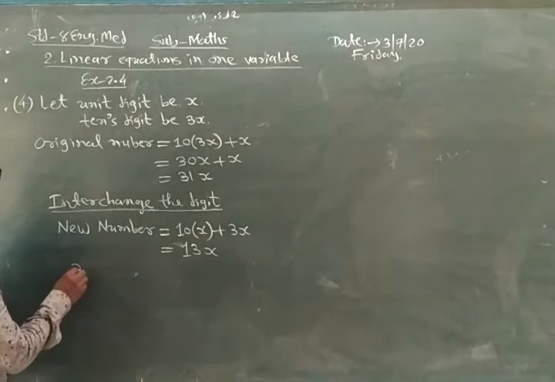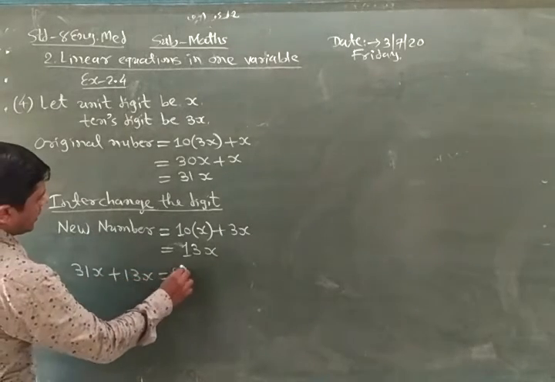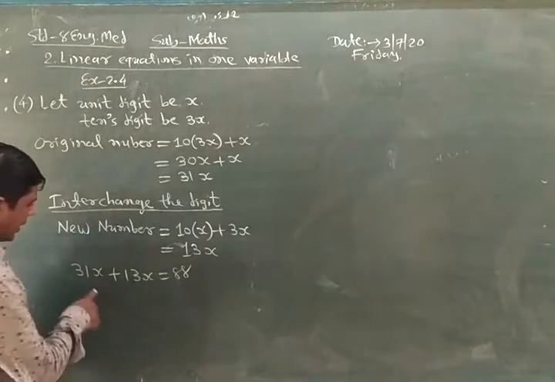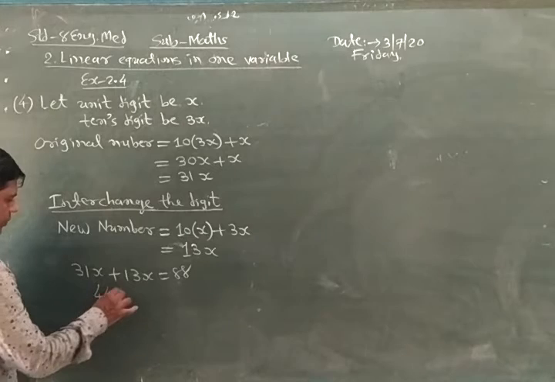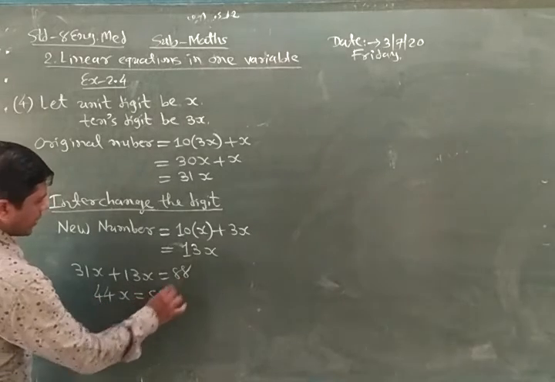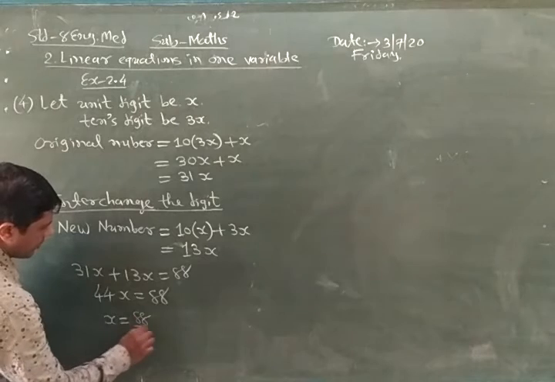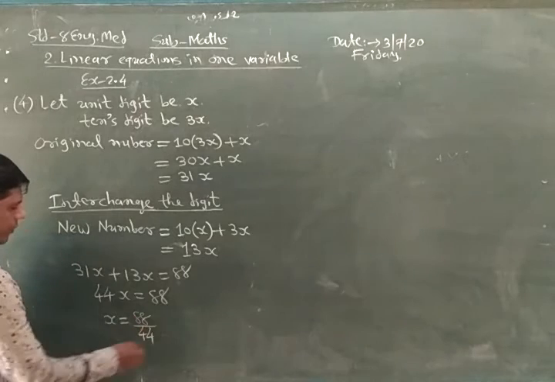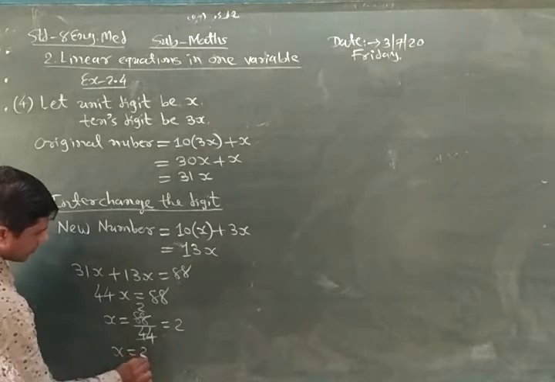So 31x plus 13x is equal to 88. Adding 31 and 13, we get 44x equal to 88. x is equal to 88 upon 44. 44 twos are 88, so x is equal to 2.